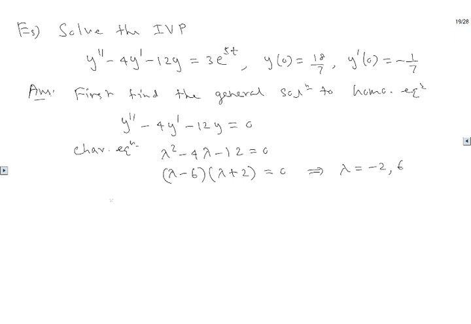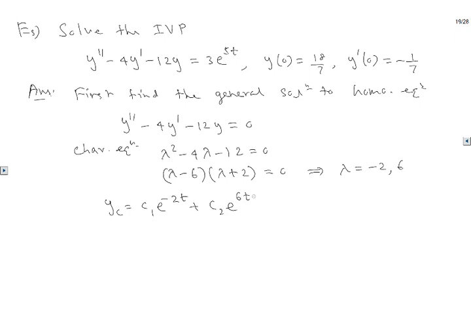Then the complementary solution, the yc, is going to be c1 e to the -2t plus c2 e to the 6t. So that's the first step: you find the complementary solution. Now we already know the particular solution.